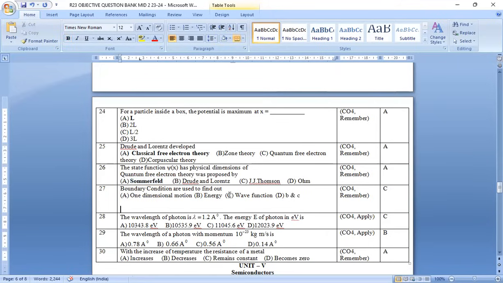Boundary conditions are used to find the wave function. Option C is the right answer.